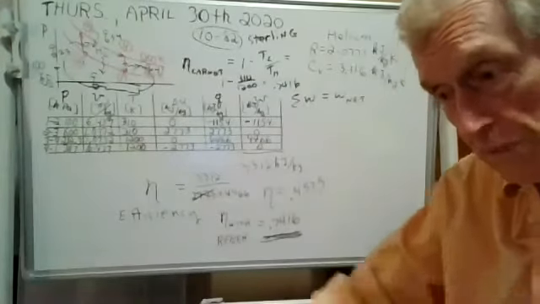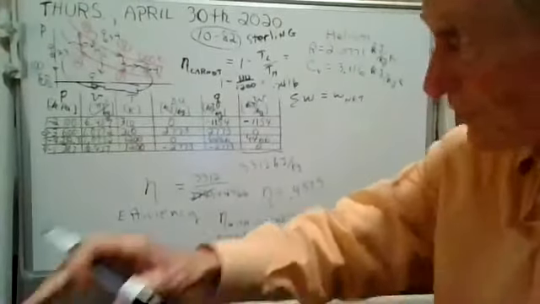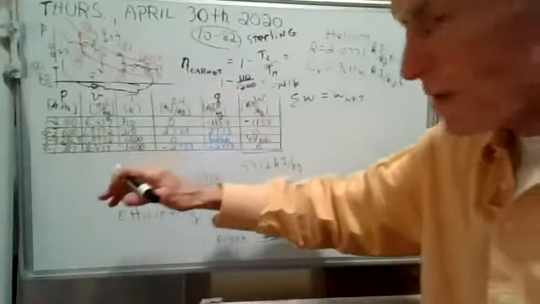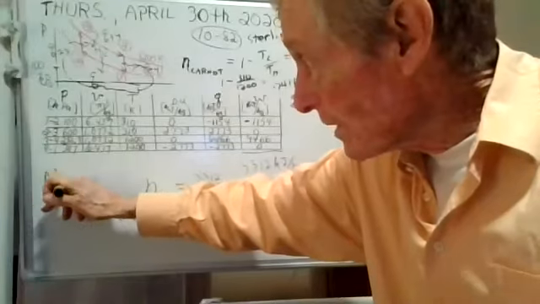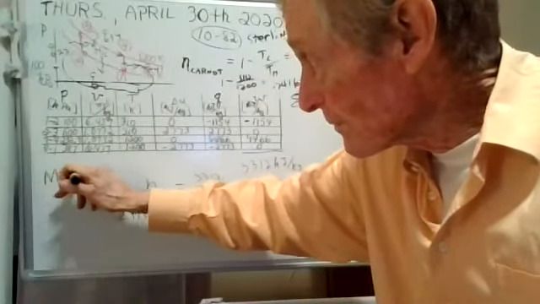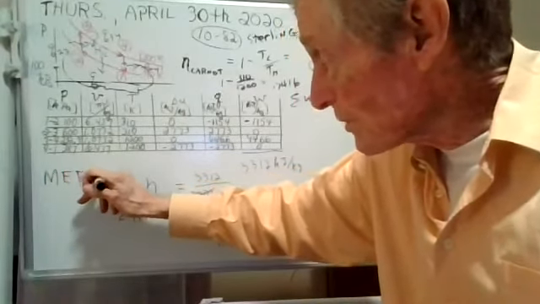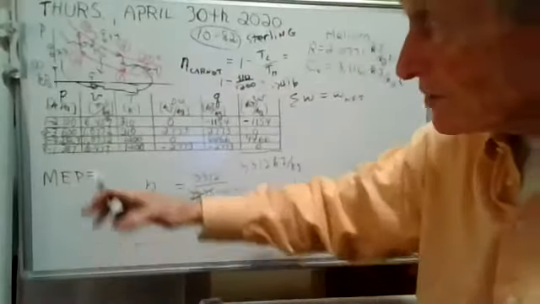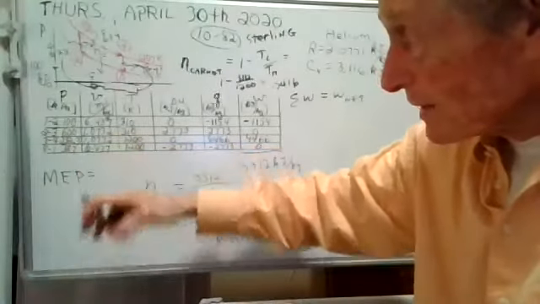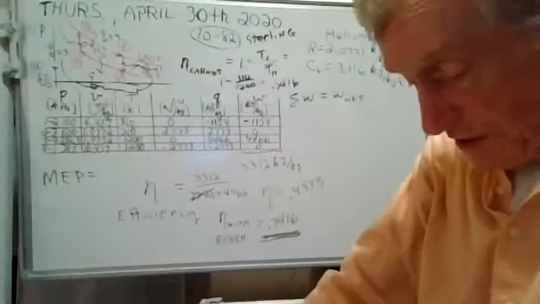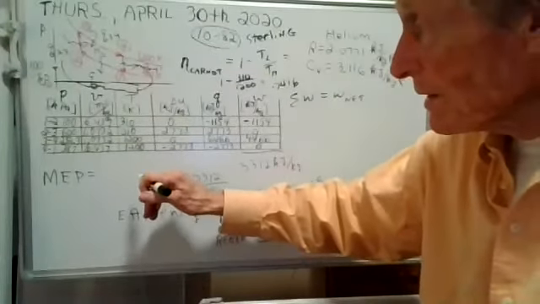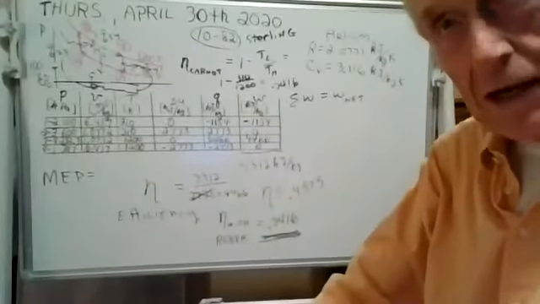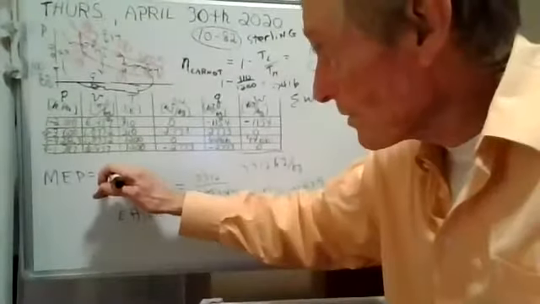So we did that. Now, what if I ask you for the mean effective pressure? Let's do that. I'll come over here and refresh your memory. The mean effective pressure, you don't add these pressures up and take the average. That's not what it is. It's the net work.